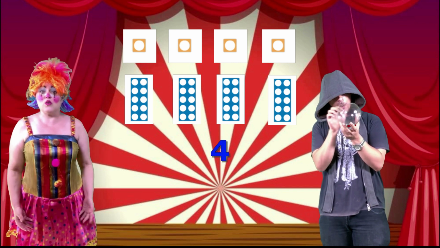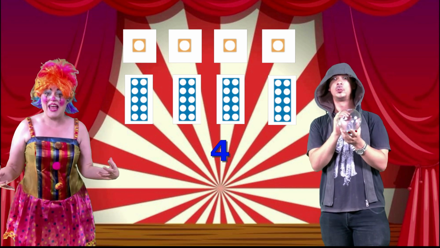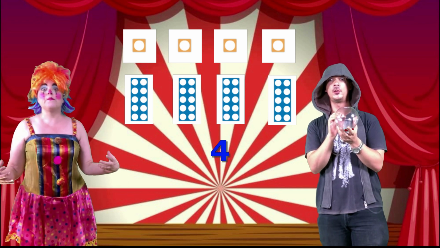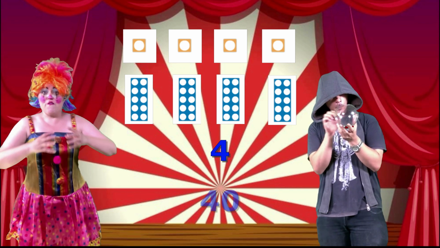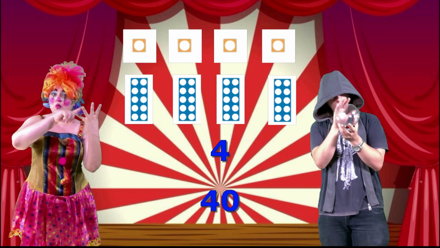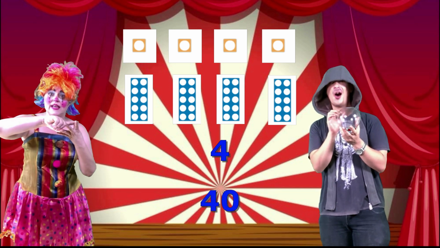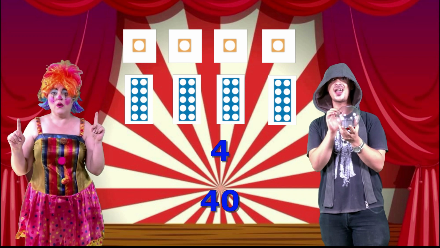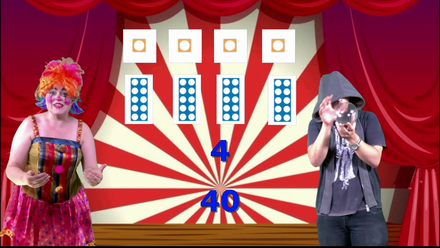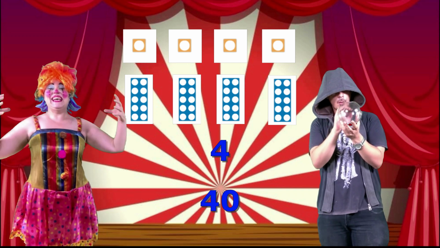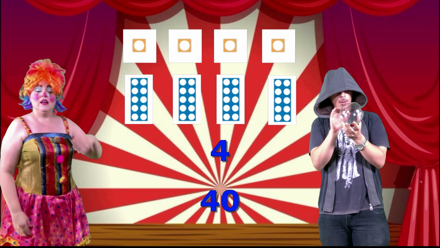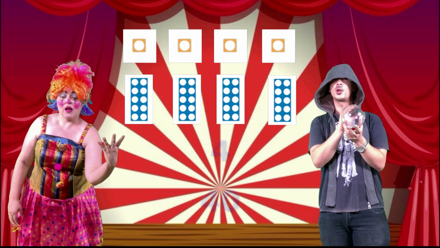And how many holes in 4 Numicon 10 shapes? Very good, 40. 10, 20, 30, 40. So, the number 40 is 10 times bigger than the number 4.